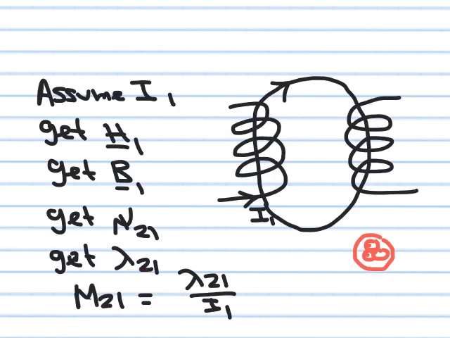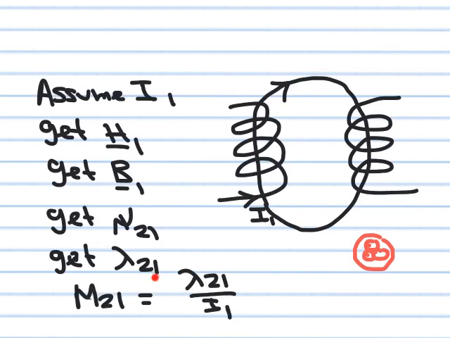The reason we have to calculate that is that psi21 talks only about one turn of that loop. But if you have multiple turns, this flux goes through the second coil a number of times, so you have to calculate this flux linkage. It links a number of times.